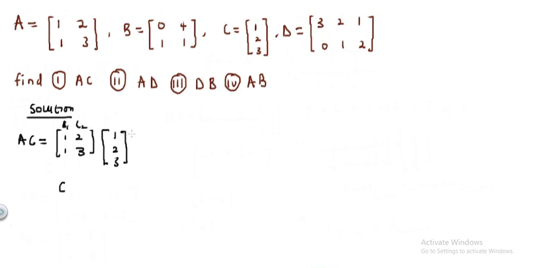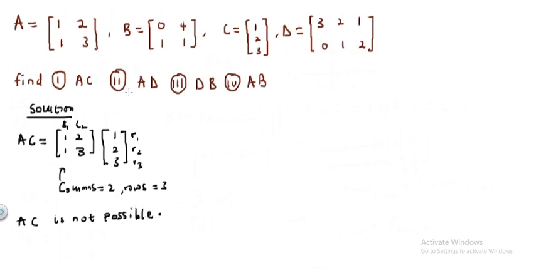The number of rows in the second matrix is 3. Since the number of columns of the first does not equal the number of rows of the second, we cannot multiply the two. So we simply say AC is not possible. Then we'll move on to our next question.